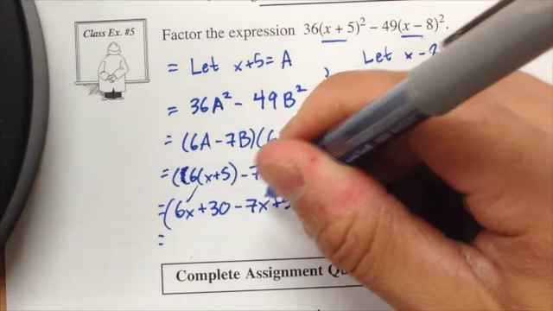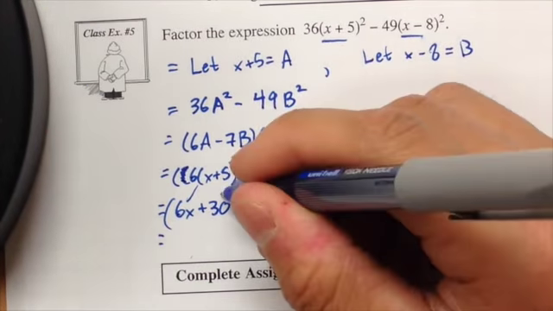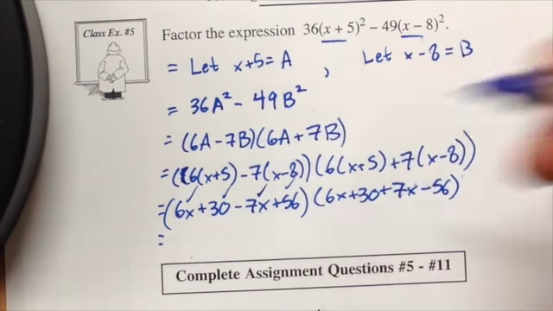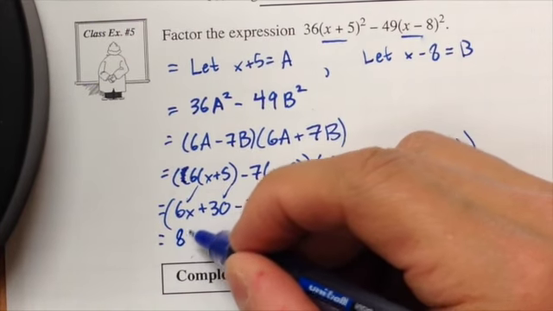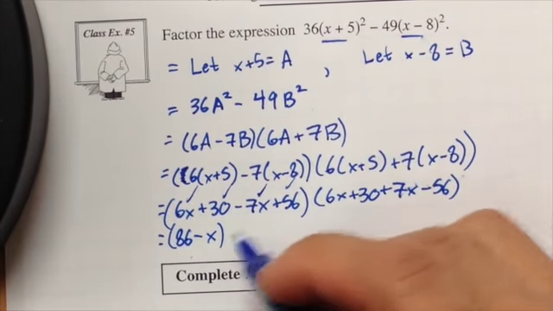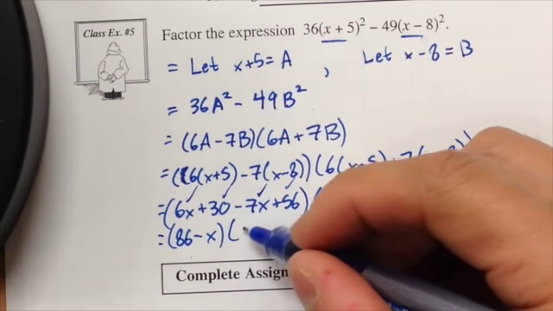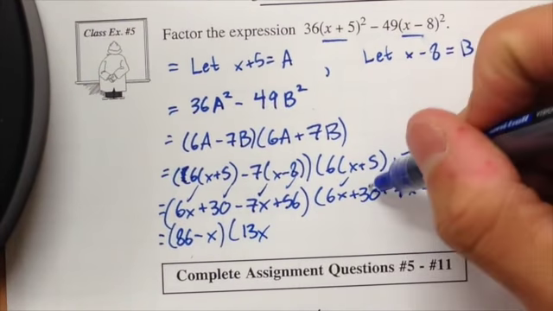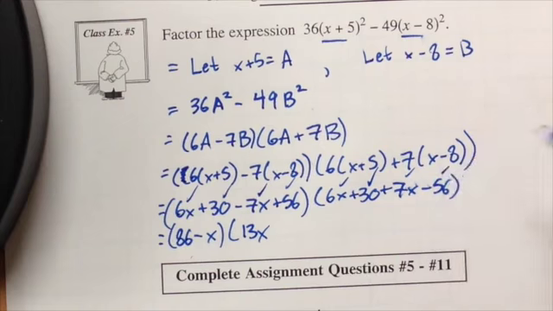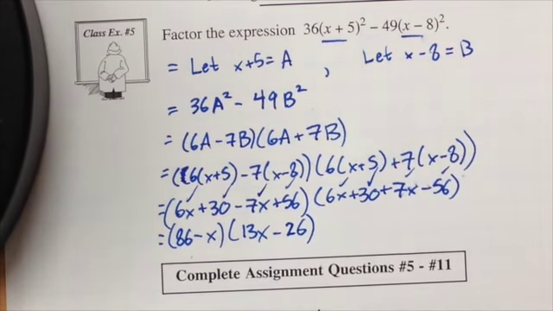And so I have a 6x and I have a negative 7x there, which will give me negative x. Then I have a positive 30 and a positive 56. That'll give me 86 minus x. And then on this side, I have a 6x and a 7x, which give me 13x. Then I have positive 30 minus 56, which would be negative 26.